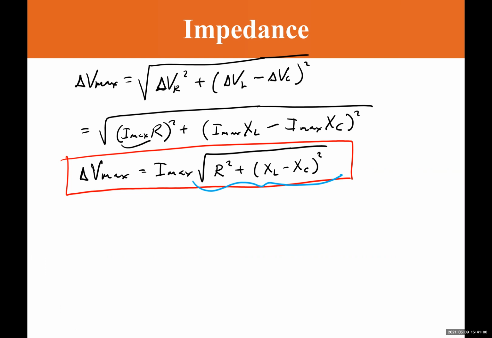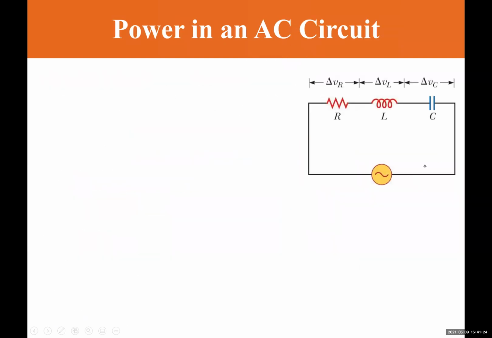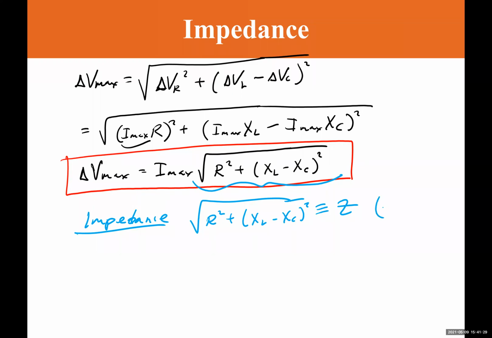And that is what we call impedance. So impedance is the square root of R squared plus X sub L minus X sub C squared. And we define that to be Z, capital Z. And obviously it has units of ohms, because that represents opposition to current.